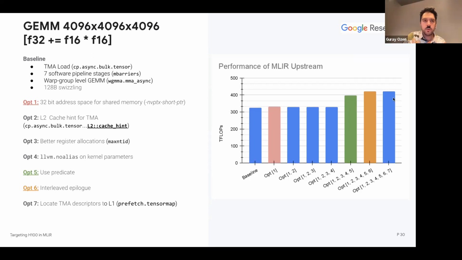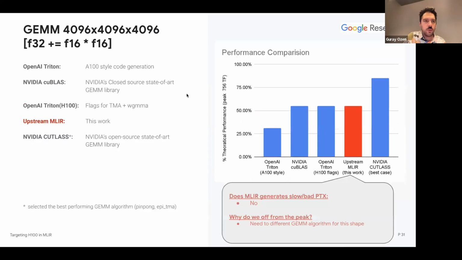420 teraflops. So I wanted to compare my performance with other state-of-the-art compilers or libraries, like NVIDIA cuBLAS or CUTLASS. I took the old OpenAI Triton, which generates A100-style code, so it didn't perform well.